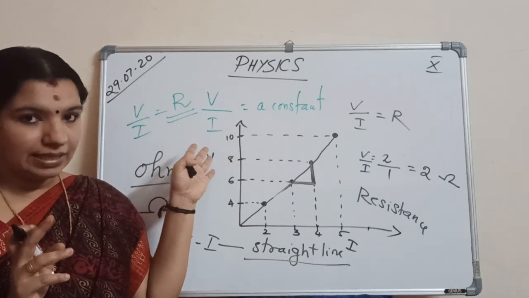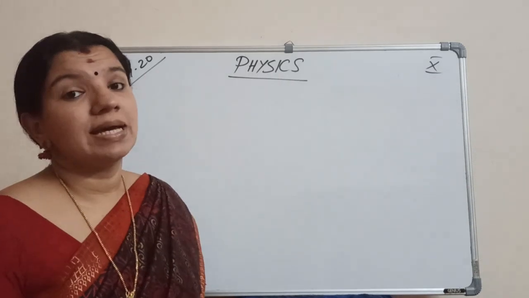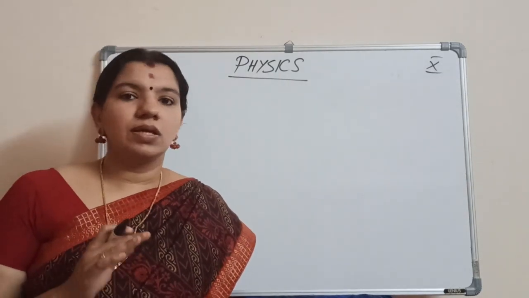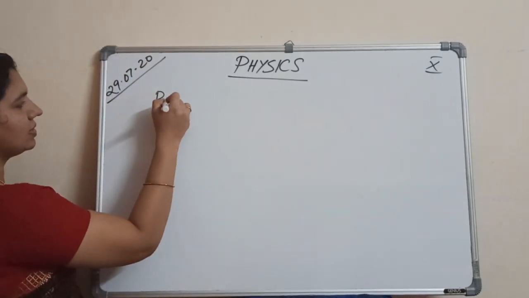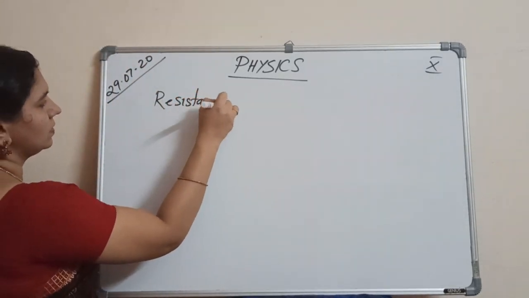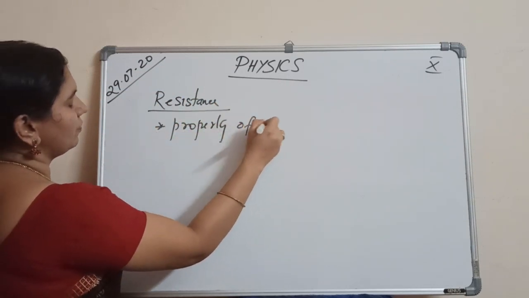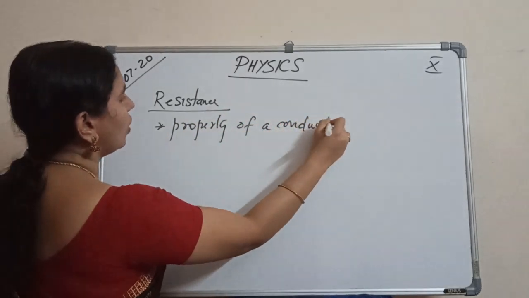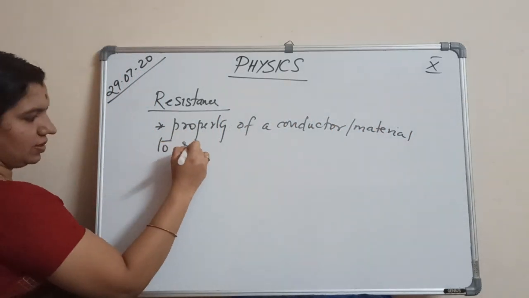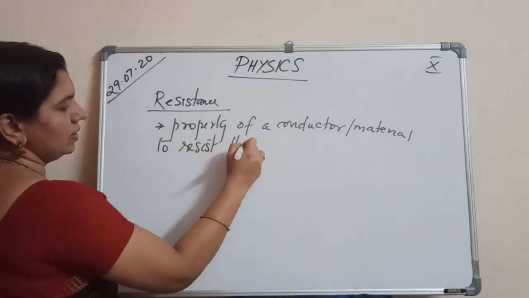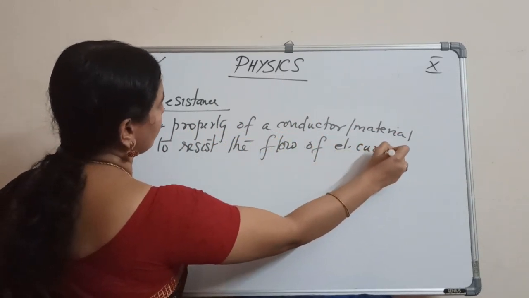Now we will look into the details of resistance. Okay. So resistance, now you got it. Then the unit of resistance also you understood. So I will write here: resistance is the property of a conductor or a material to resist the flow of electric current.